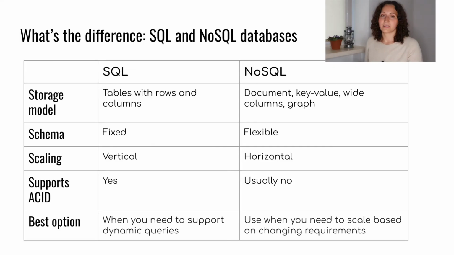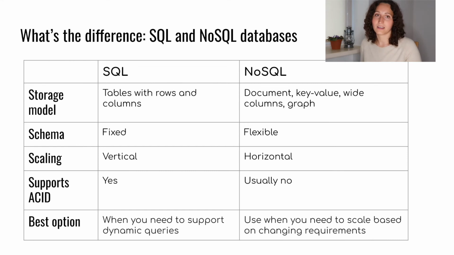Okay, let's make a conclusion. So what's the main difference between SQL and NoSQL databases? Here is the table which shows the difference between them, and they are pretty simple. SQL databases usually have tables and a query language, which allows you to manipulate the data in your tables.